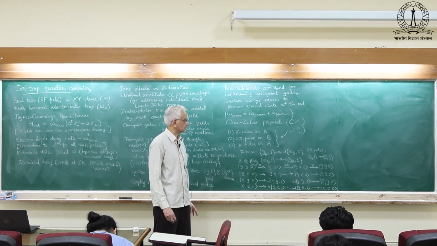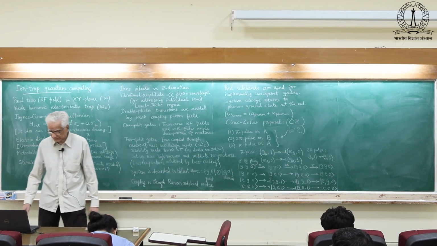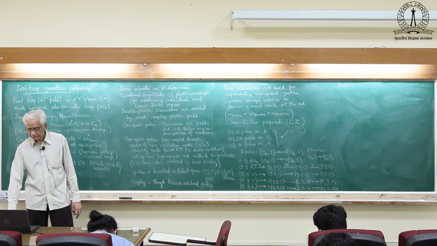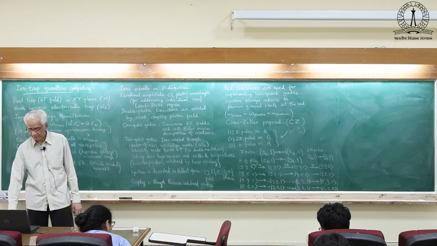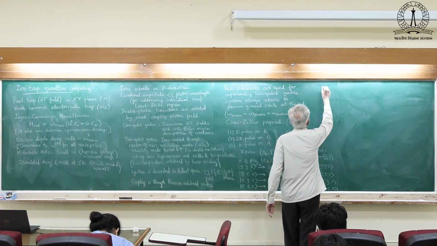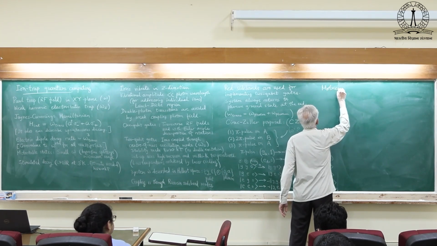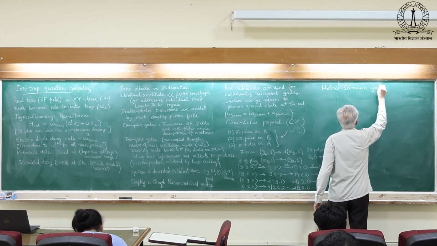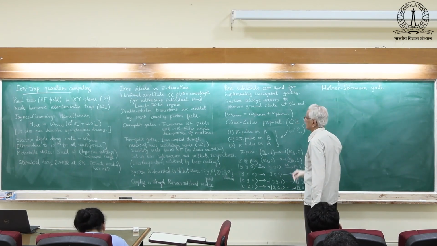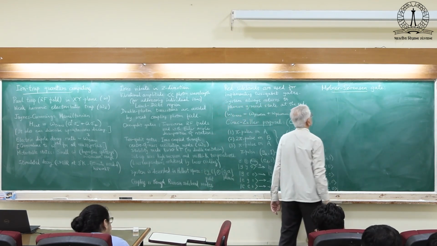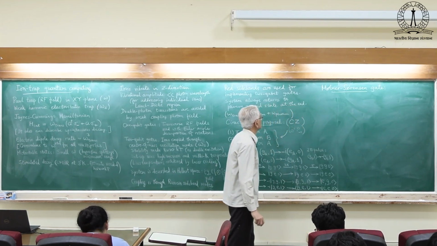And this was not the only possibility. People actually came up with some alternatives, and there is another two-qubit gate which is more common these days compared to this one, and it's known as the Molmer-Sorensen gate.